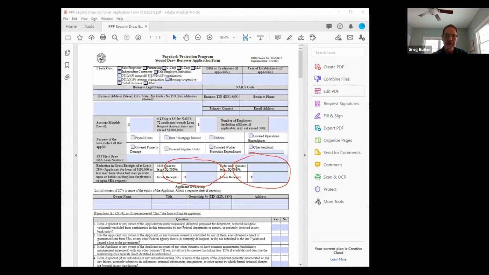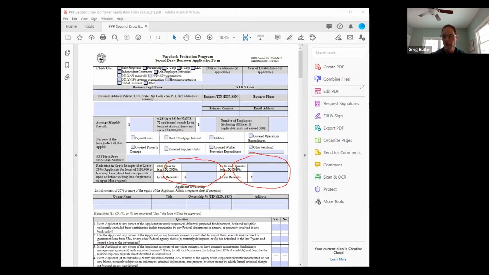Yeah. So the second draw will work off of the same guidance we had in the first draw. So probably the biggest thing is in the payroll area, you're allowed to use your payroll costs that are paid or incurred during your covered period. So you get to look at both of those.